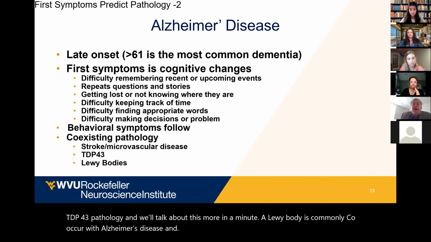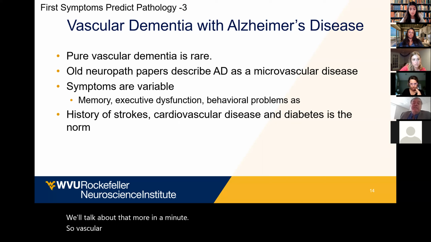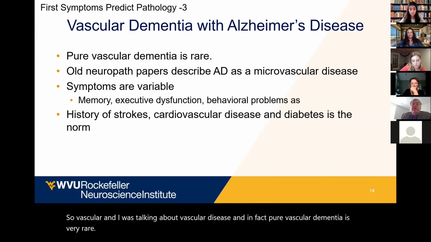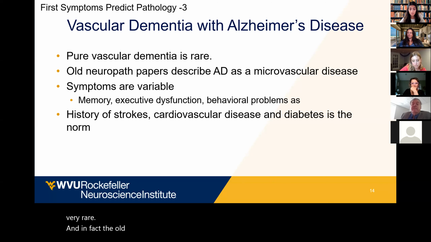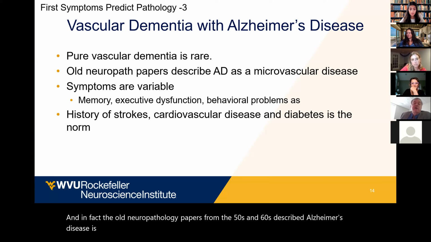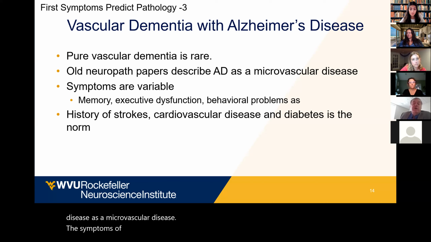So I was talking about vascular disease, and in fact, pure vascular dementia is very rare. In fact, the old neuropathology papers from the 50s and 60s described Alzheimer's disease as a microvascular disease. The symptoms of vascular disease are quite variable.